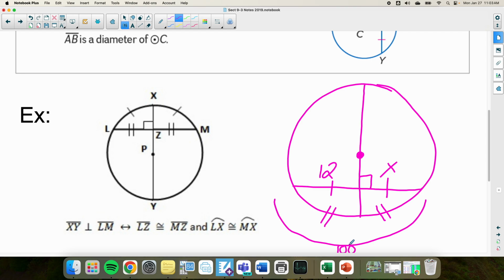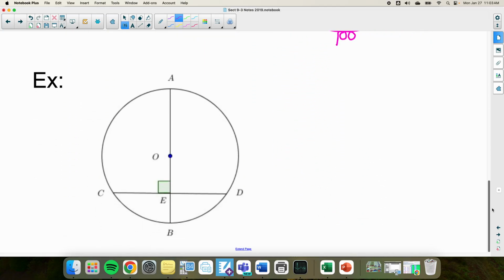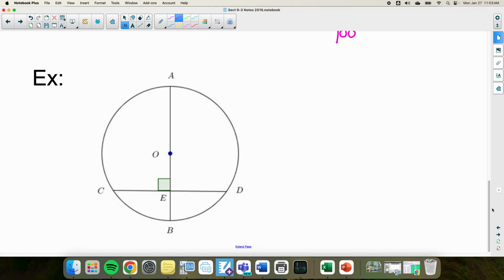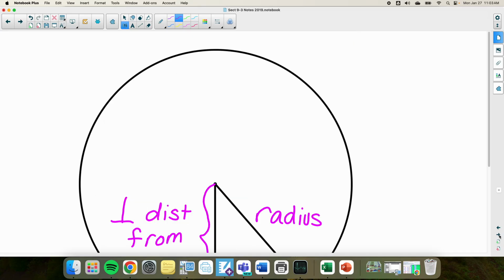So it works if you have a radius or a diameter. If it's perpendicular to a chord, it cuts the chord in half and the arc in half. So, same thing here, diameter, perpendicular, it's gonna make these two parts of the chord equal and those two parts of the minor arc equal.